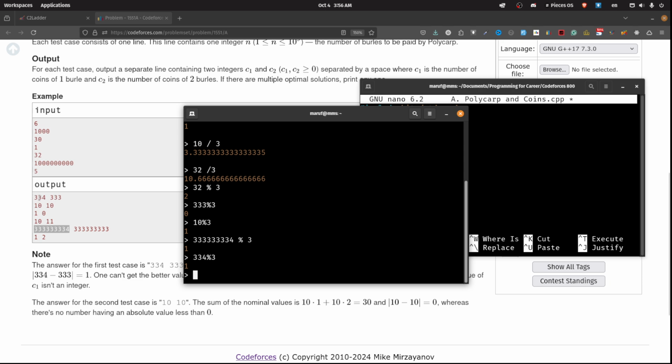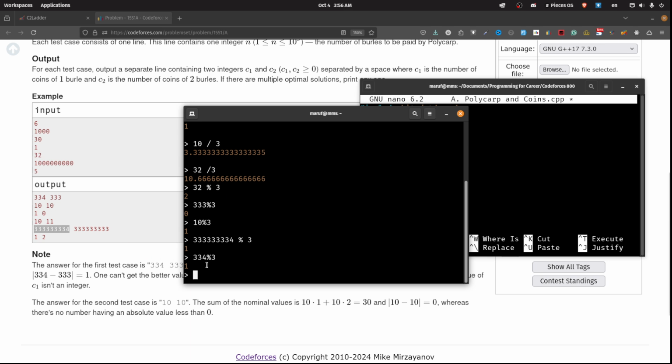So C1 is 334. I get 1. So I can say that if the answer is 1, then I can print like that. But I don't know what happened to the second one.